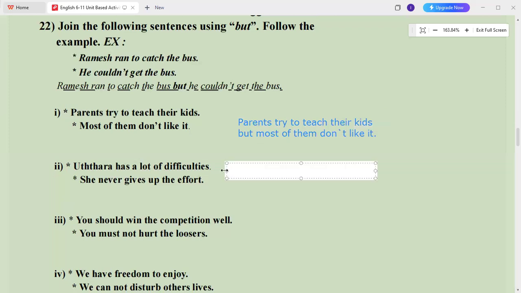Now you see, Uttara has a lot of difficulties, but she never gives up the effort, right?